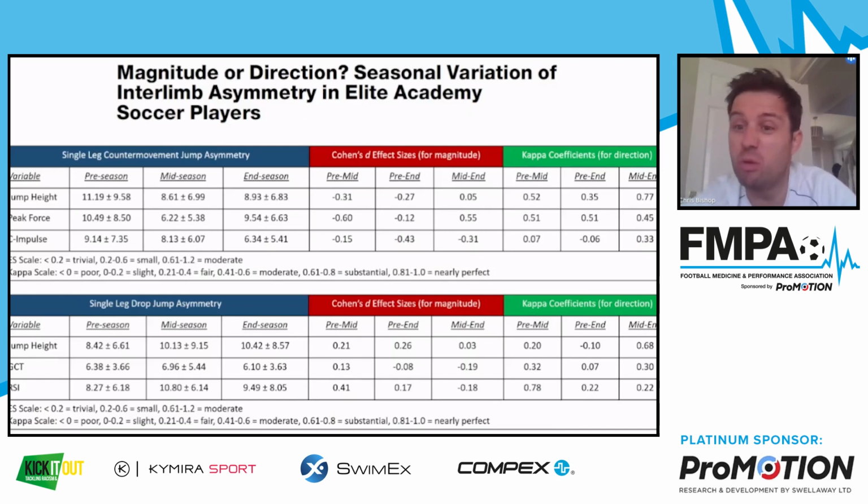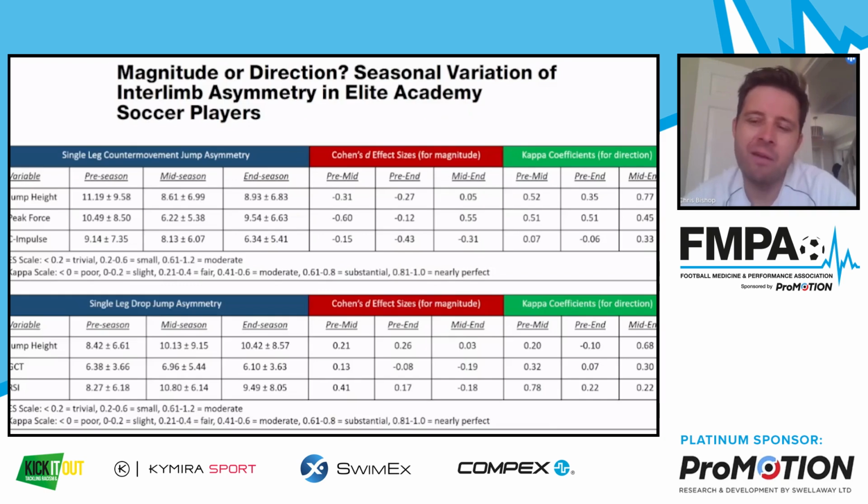So not terrible overall. If you now take jump height for the drop jump test, you can see that we've got substantial levels of agreement mid to end of season, but pre to mid and pre to end are pretty poor. Those numbers have got much, much lower.